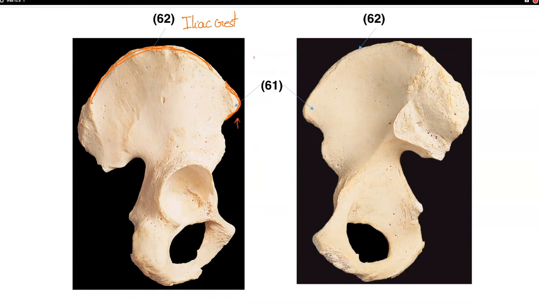So we call this my anterior superior iliac spine, because you have four of those spines: anterior superior, anterior inferior, posterior superior, posterior inferior. The most superior and anterior one is my anterior superior iliac spine.